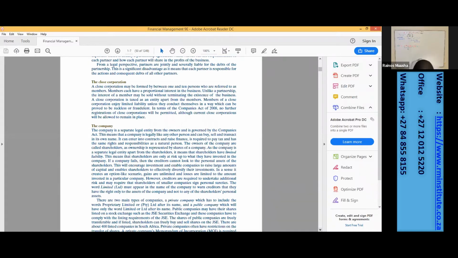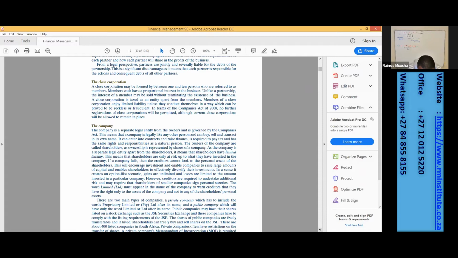So here they say the owners of the company are called shareholders, as ownership is represented by shares of a company. So if a company is a separate legal entity apart from the shareholders, it means that the shareholders have limited liability. So this means that shareholders are only at risk up to what they've invested in the company.